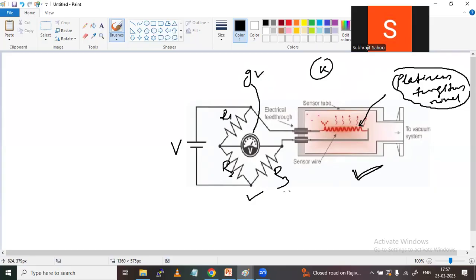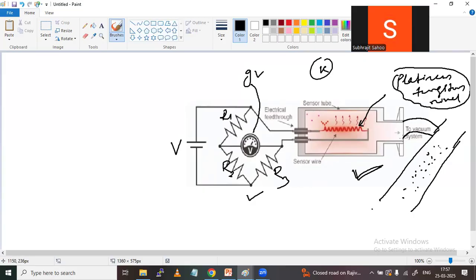Now what will I do? The working is very simple. Suppose this is a pipeline where some gas is flowing, and I want to measure the pressure of this gas. Then I have to connect this pipeline with this system.